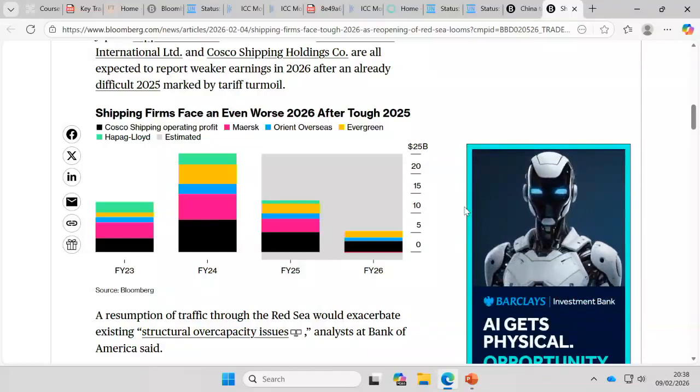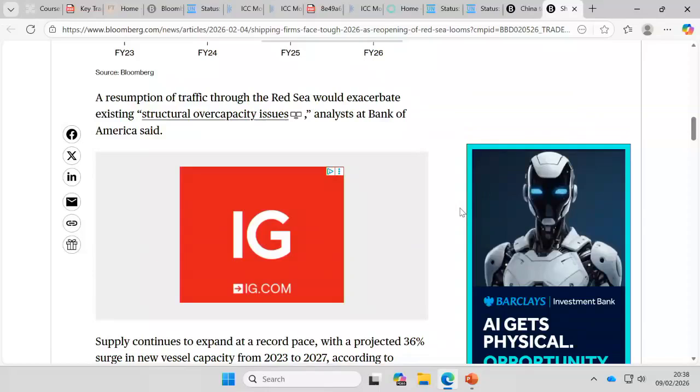Ironically, note what's covering their profits. A resumption of traffic through the Red Sea would exacerbate existing structural overcapacity issues. Now think about this for a second. Red Sea, we were just talking about Panama Canal. Red Sea is Suez Canal. It's been closed for a variety of reasons.